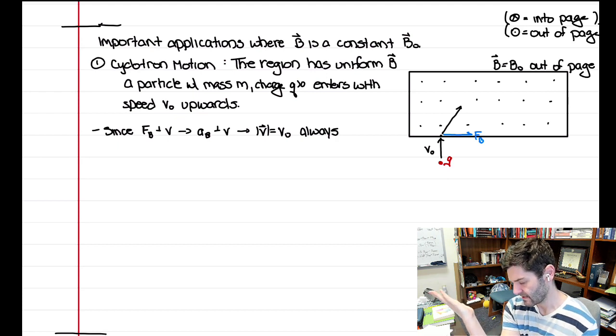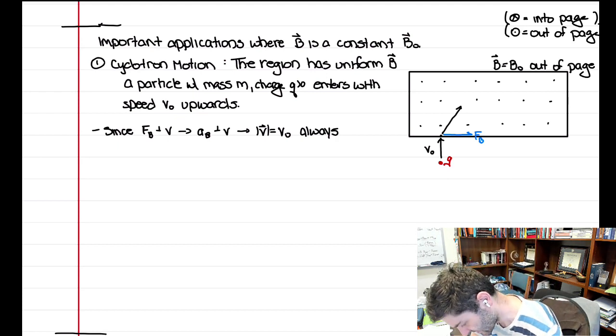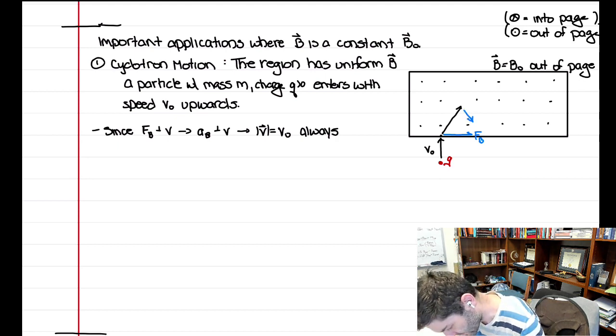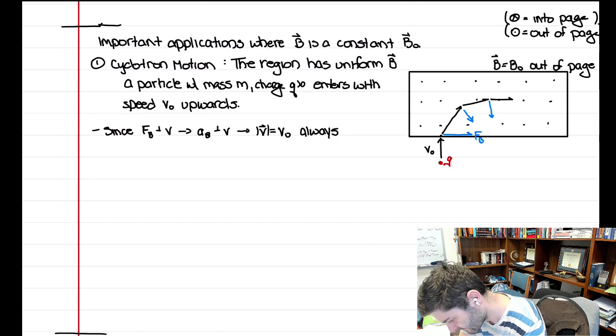V cross B. Again, convince yourself that the force points in that direction. So as a result, it's going to point kind of like this. V cross B, convince yourself, points in that direction. Then it might end up pointing like this. V cross B points in that direction.